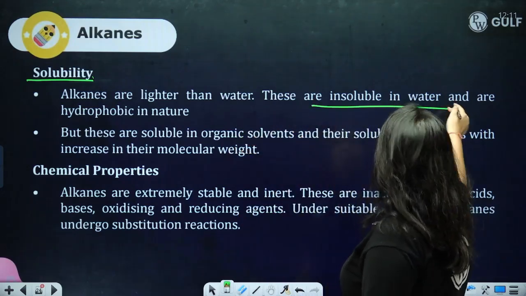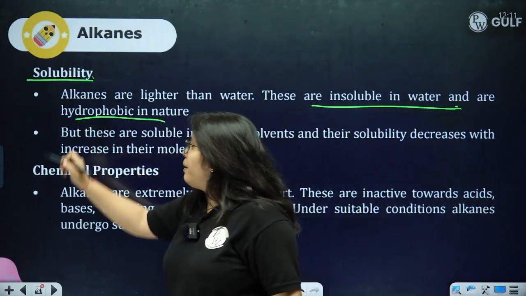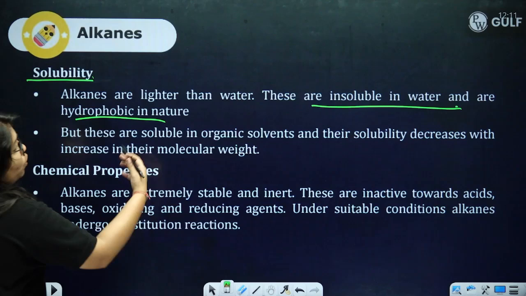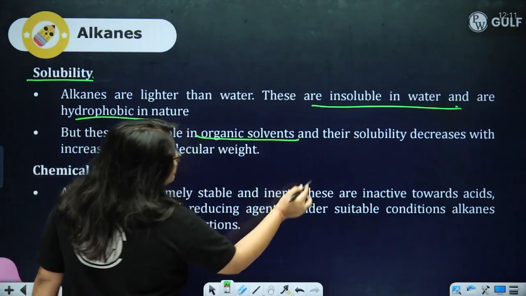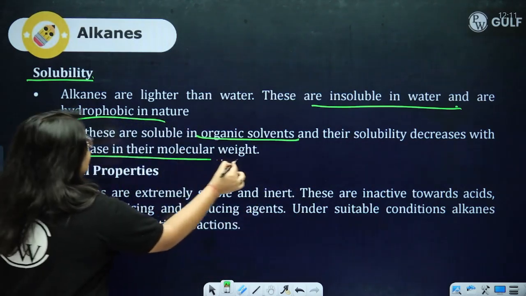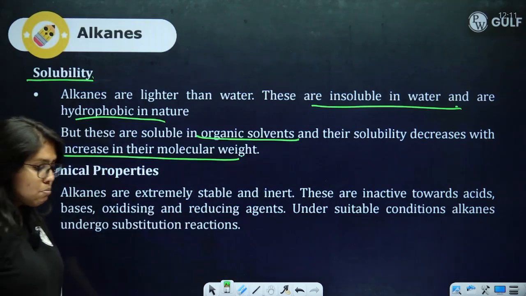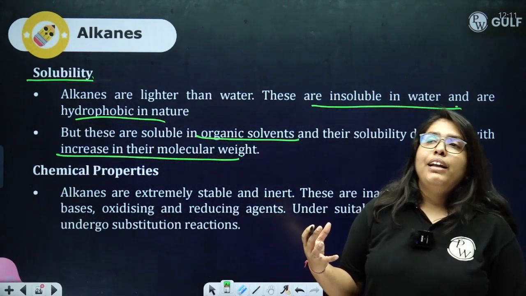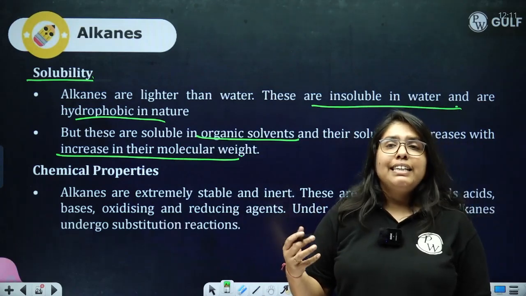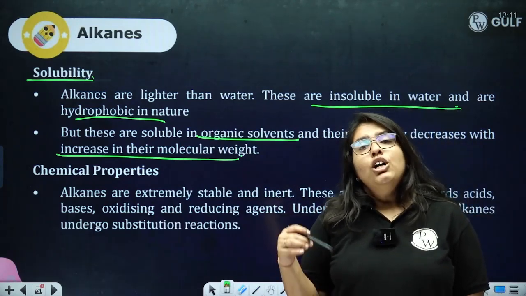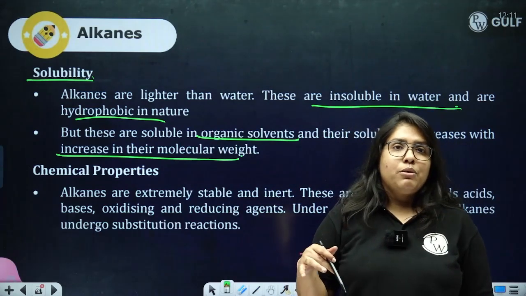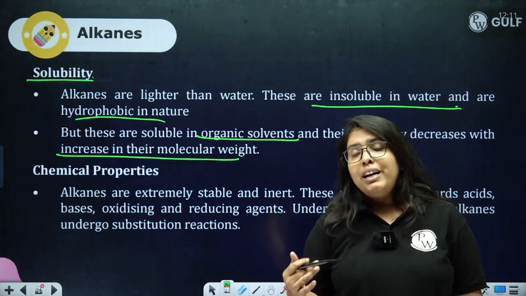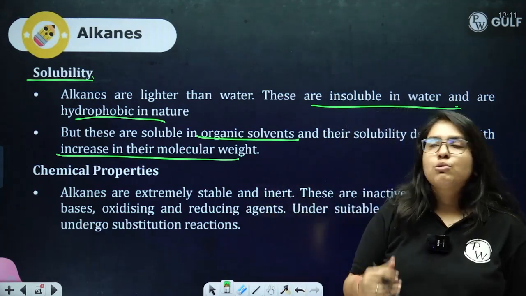These are insoluble in water and are hydrophobic in nature, but these are soluble in organic solvents, and their solubility decreases with increase in their molecular weight, because the more the molecular weight, the bigger the molecule, and because it's big in size, it is very difficult for it to get into the interstitial spaces, the intermolecular spaces of the solvent and then get dissolved in it, because they are huge molecules, right?